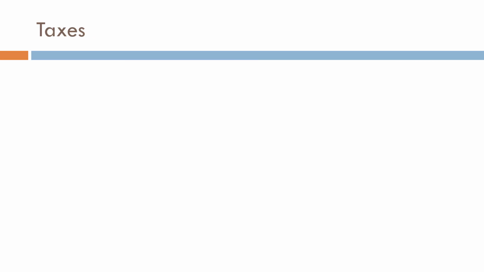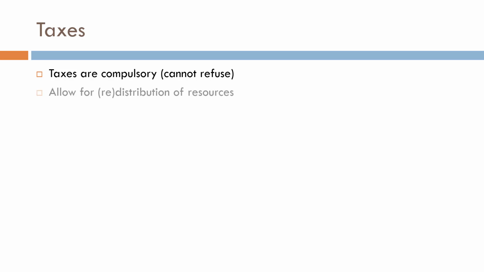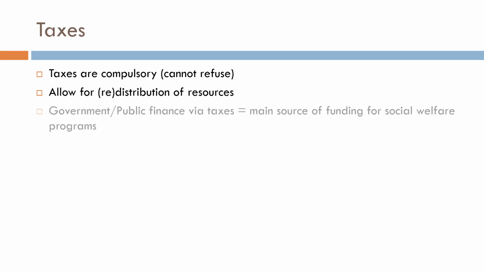Okay, let's talk about taxes. Taxes are compulsory, which means that we cannot refuse to pay them. Well, we could, but then there would be consequences like jail. So for our purposes, they're compulsory. They allow for distribution and in some cases redistribution of resources.